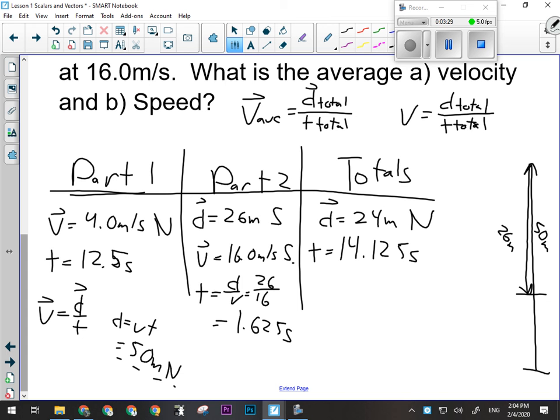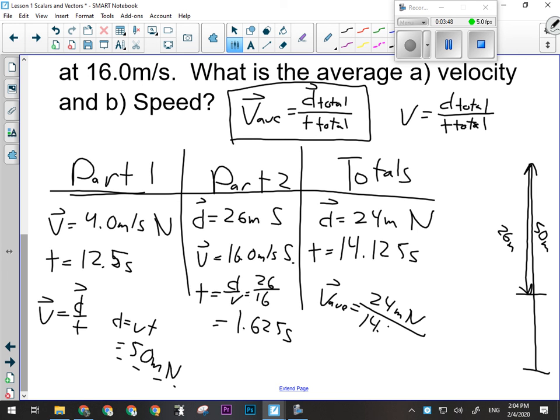So now I have my total displacement and my total time. Now I can calculate my average velocity. My average velocity is going to be 24 meters north divided by 14.125 seconds.